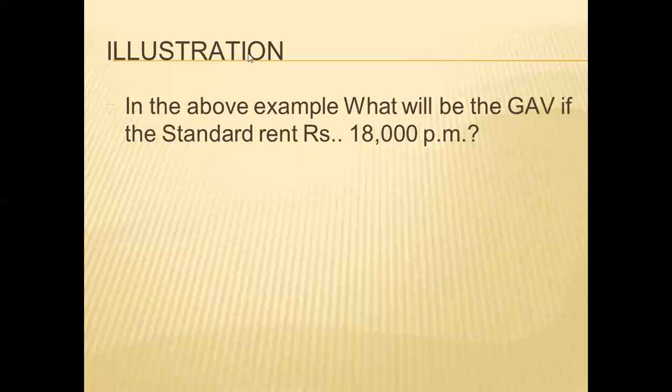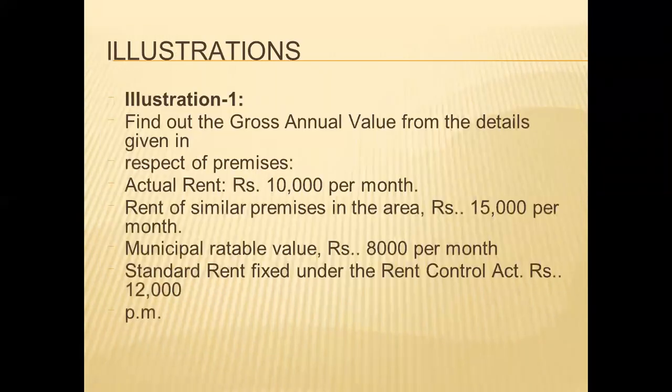So read this illustration. In this, it is said that in the above example, what will be the GAV if the standard rent is rupees 18,000 per month? So the same illustration we have to use. Only in that we have to make the change: instead of 12,000, we have to use 18,000 as the standard rent. All other details we have to keep same.